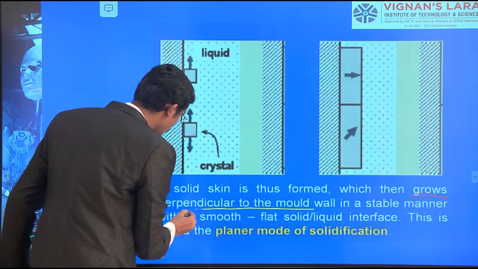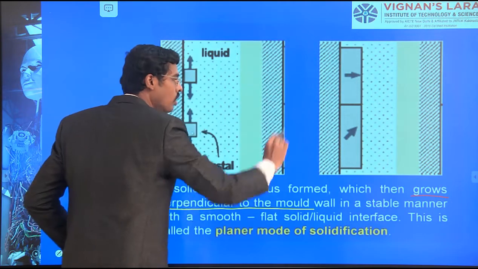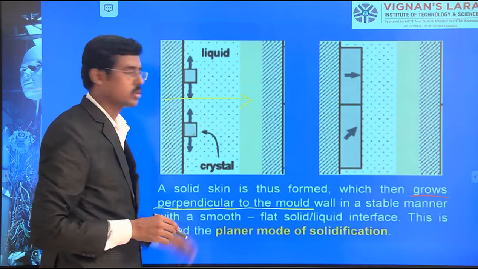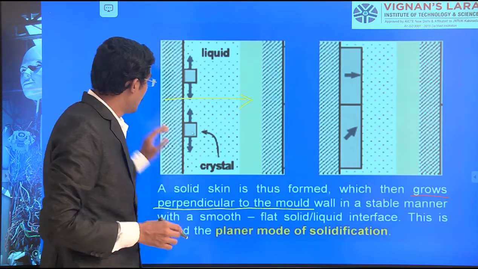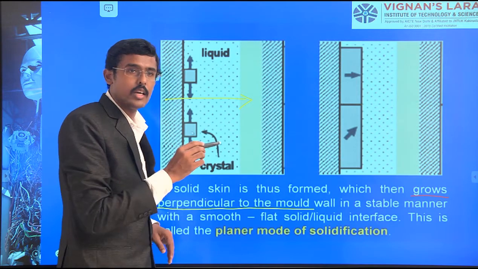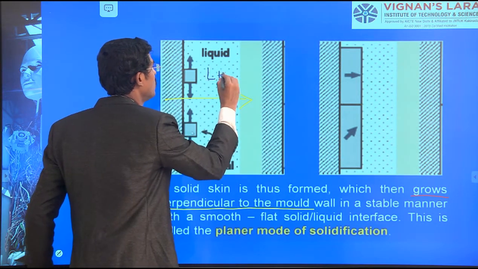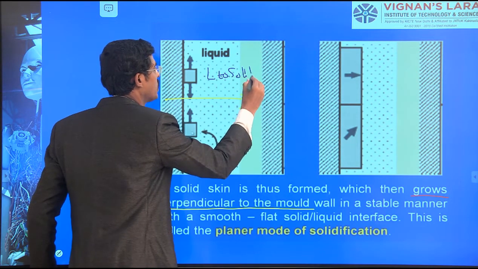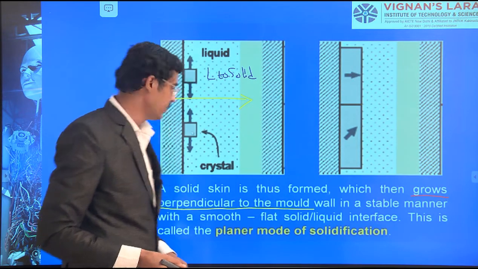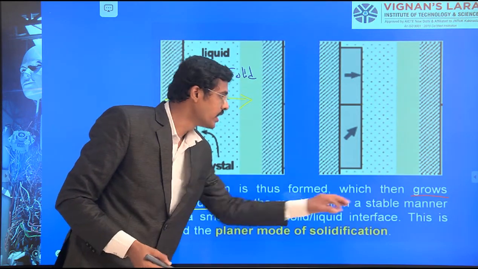This one is the mold and this is the perpendicular. So it forms at the first layer and then goes perpendicular to the mold, converting from liquid to solid conditions in a stable manner, with smooth, flat solid and liquid interfaces.